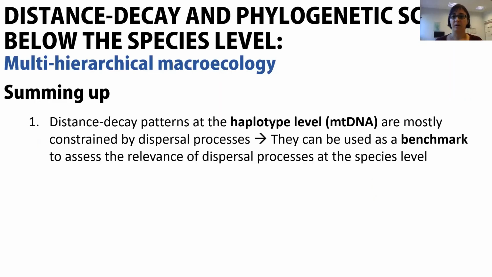So to sum up, we think it can be very useful, in this context of distance decay models, to compare what happens at the haplotype level and use it as a benchmark to see if we observe the same pattern at the species level, because it's not necessarily the same. And for this purpose, we have done simulations to show that you do not expect the same slopes when niche processes are acting.